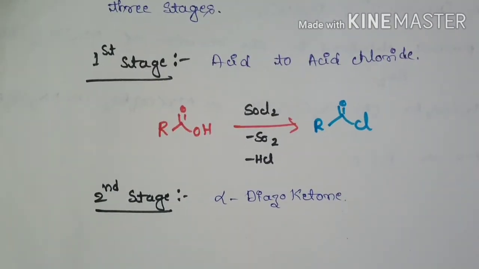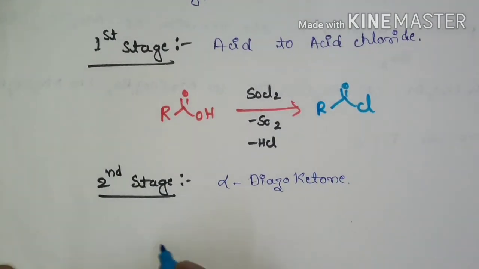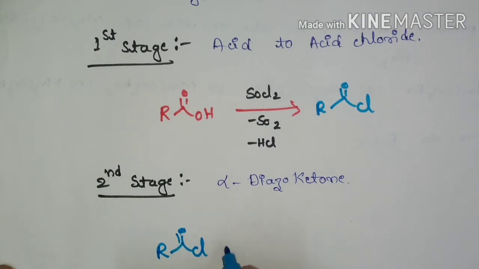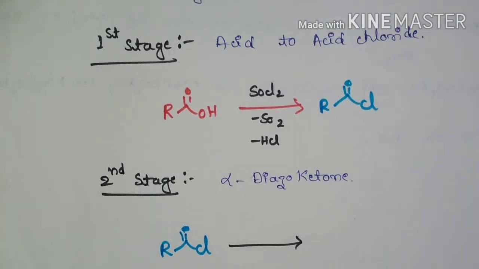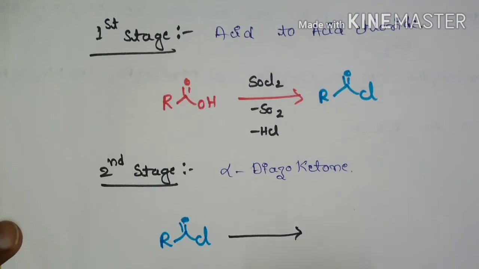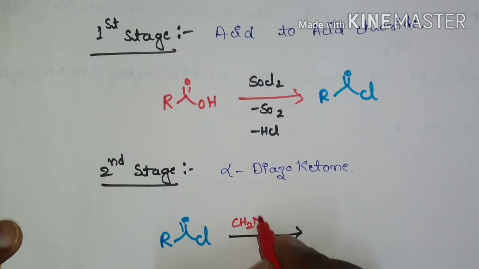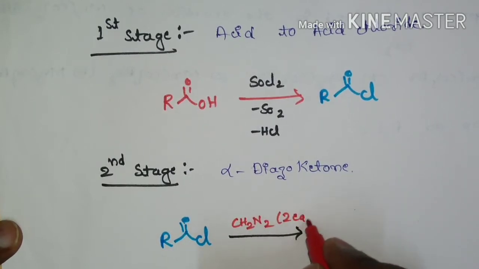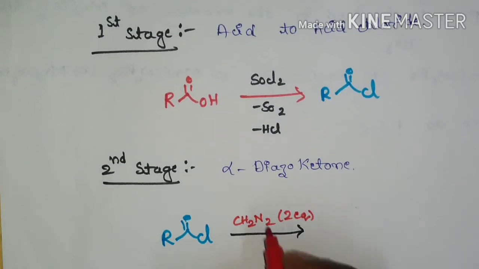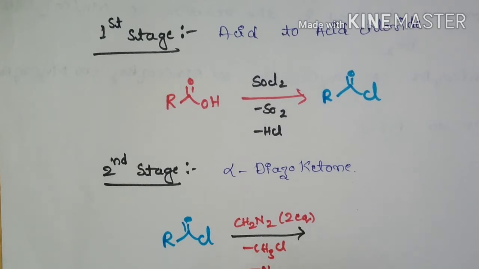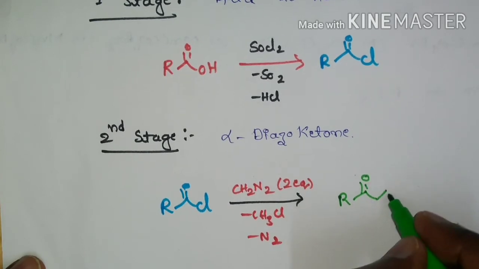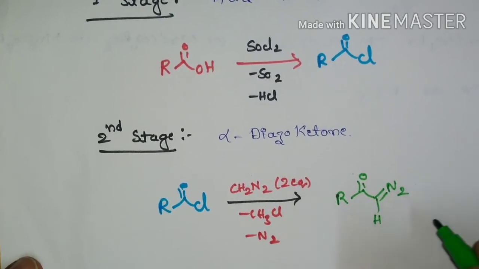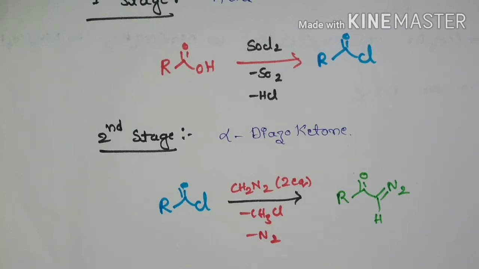Whatever acid chloride is formed in the first stage, that acid chloride upon treatment with diazomethane, where we take 2 equivalents, with loss of methyl chloride as well as dinitrogen gas, leads to the formation of alpha diazo ketone.